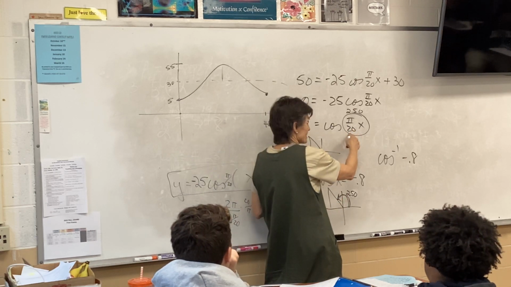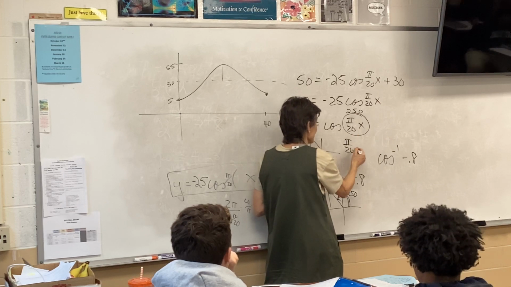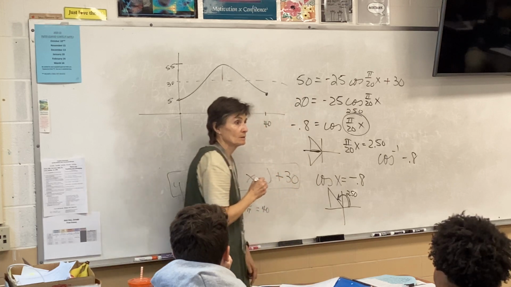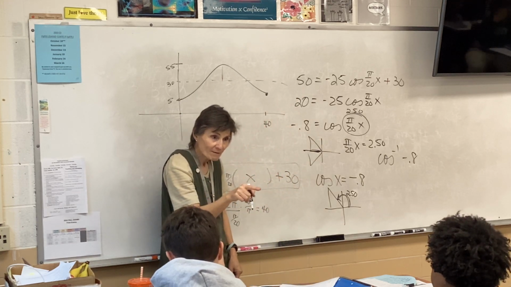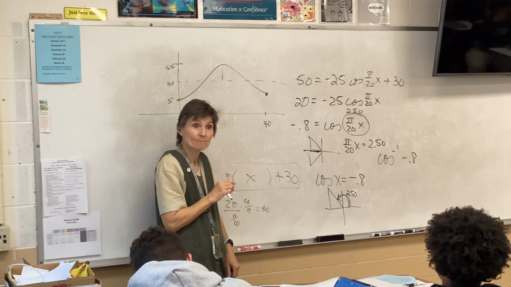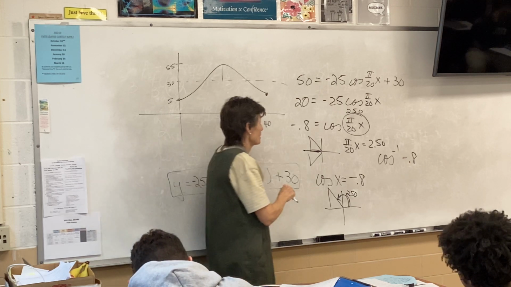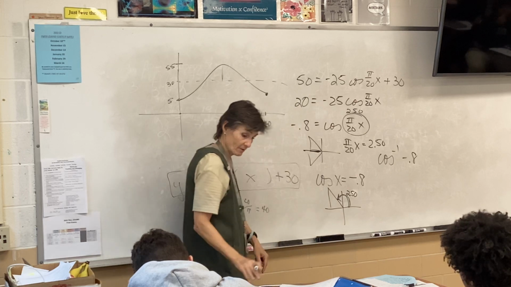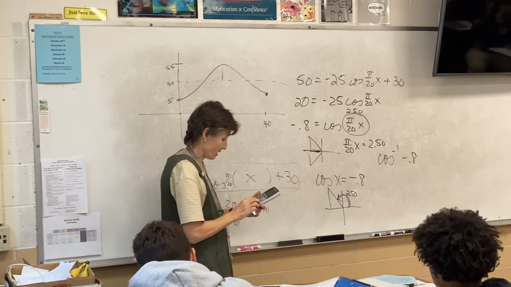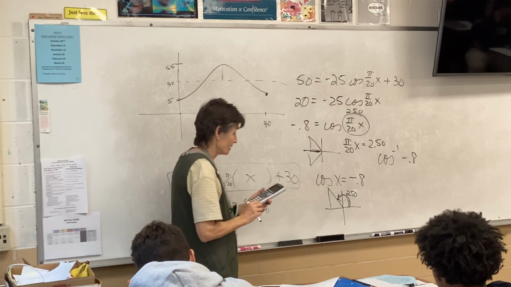So whatever this is, pi over 20x has to equal 2.50. 2.50 is the angle that gives me the cosine I want. So 2.50 times 20 divided by pi is 15.9.